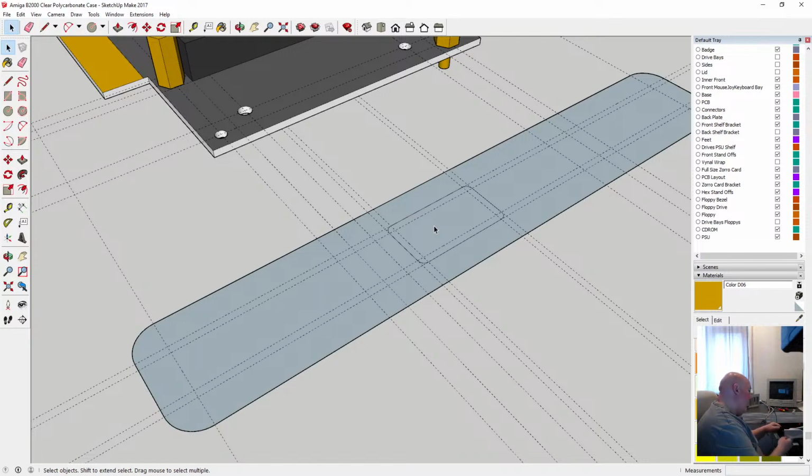22.5. So we're 22.5 from the bottom, and then we are 33.5.